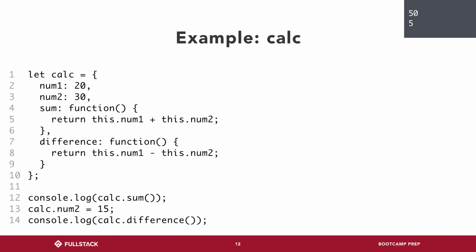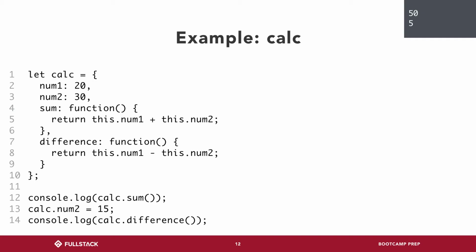Yeah. Because the method, so our difference, wait, hang on a second. This dot num1 is 20. This dot, yeah. Thought I was going crazy for a second. Yeah. This calc object is exactly the same. And this method's execution isn't chronological, right?